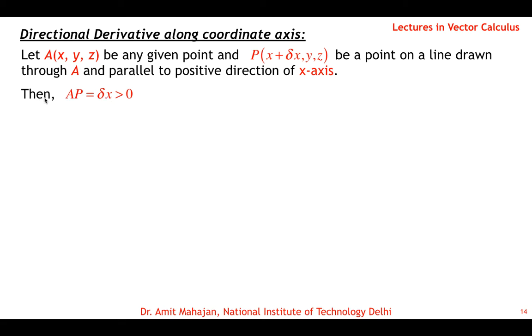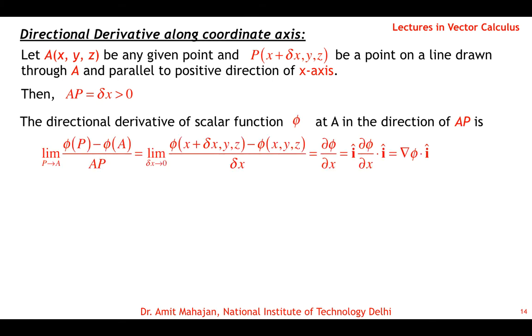So clearly the length AP is delta x, which is positive when P is to the right of A. If we calculate the directional derivative at the point A in the direction of P, then by definition it is the limit as P tends to A of the function value at P minus the function value at A over the length AP.